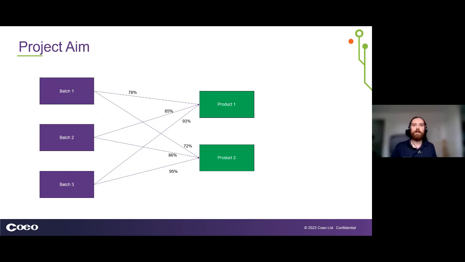So if we take a bit more of a dive into what they were wanting to do, it was basically around allocation.